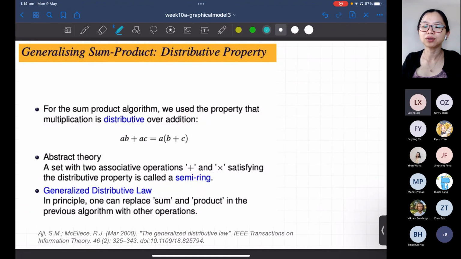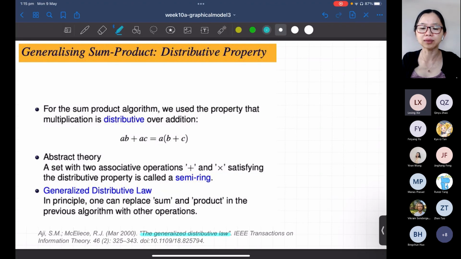So we're just going to do a bit of hand waving and talking to say, now that you know the sum product algorithm, you can know max product. There is actually pretty cool math behind this. This paper came out around the same time as the sum product algorithm paper in the same journal, IEEE Transactions on Information Theory.